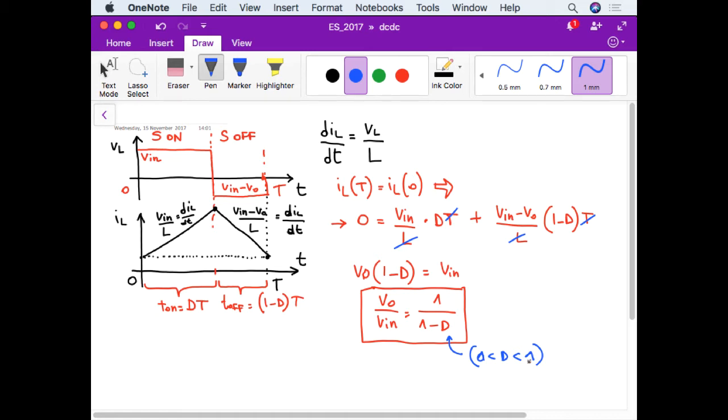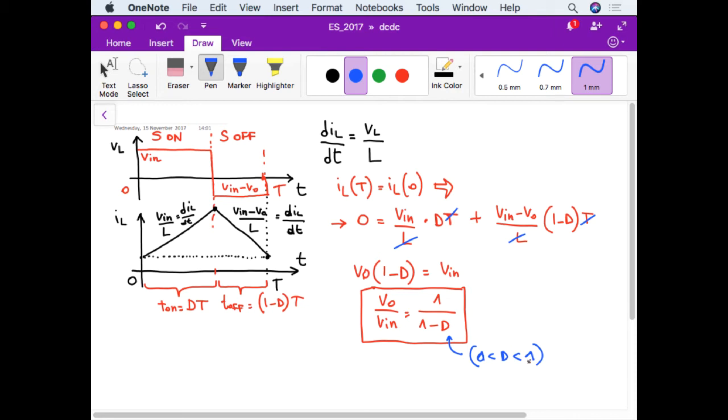In practice, it's really hard to have a voltage conversion ratio that is larger than 10. So in principle, if you take D close to 1, you can go up to infinity, but in practice, it's very hard to go beyond 10. Okay. So with the buck converter, we can stay below 1. With the boost converter, we can go above 1.